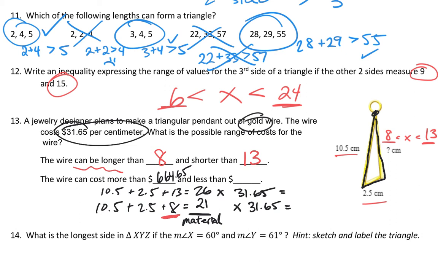So the most expensive, we're going to pay no more than $822.90. So it's going to be more than $664.65, and it's going to be less than $822.90.